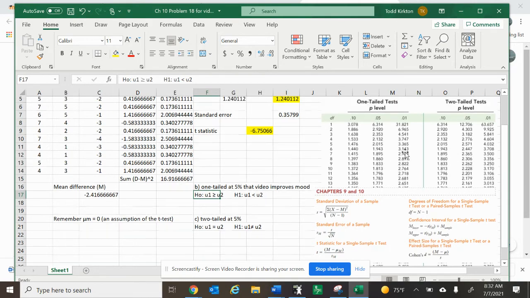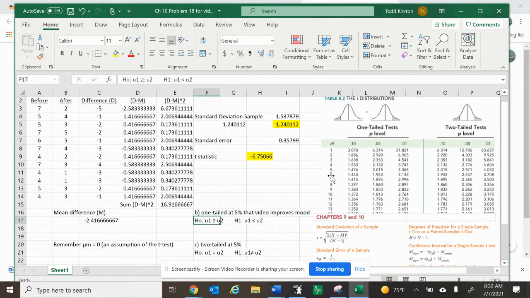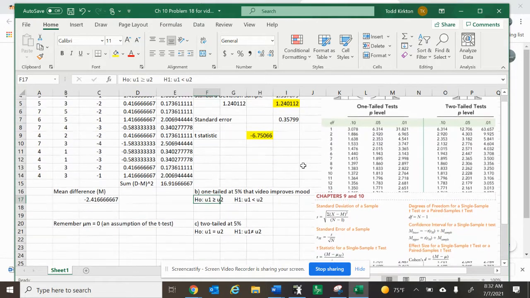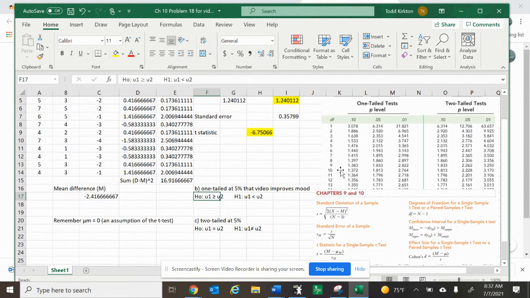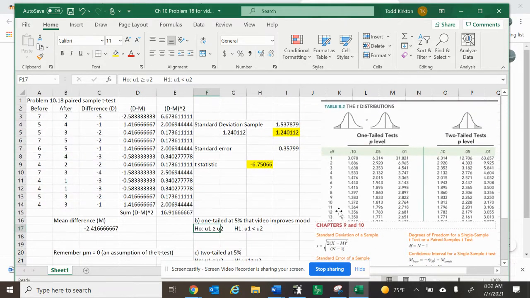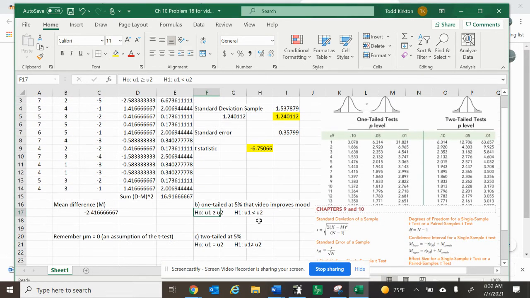So I go over to my t-test table, which is B2, and the degrees of freedom are n minus 1. The number of samples is 12, so I'm looking at 11. So my t value at 5% would be 1.796. Okay, and so the critical value.